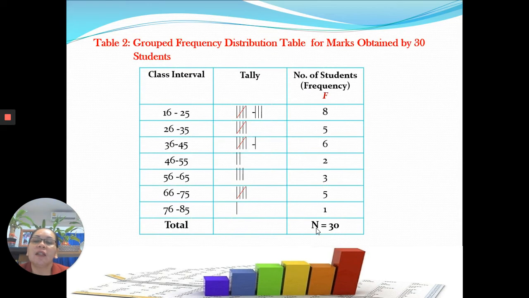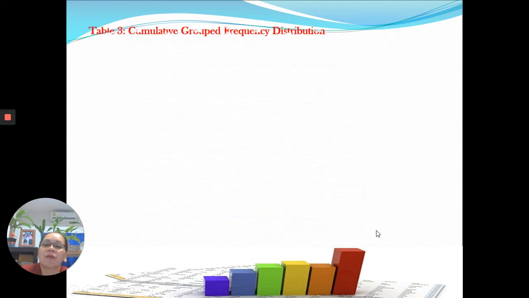So your final grouped frequency distribution table for marks obtained by 30 students will look like this. Now let's have the cumulative grouped frequency distribution.